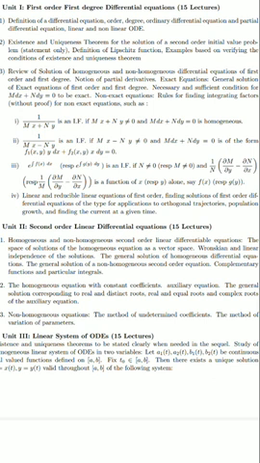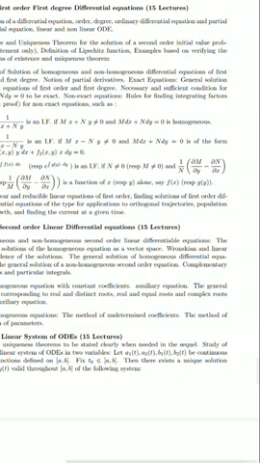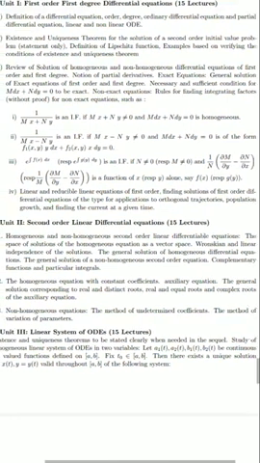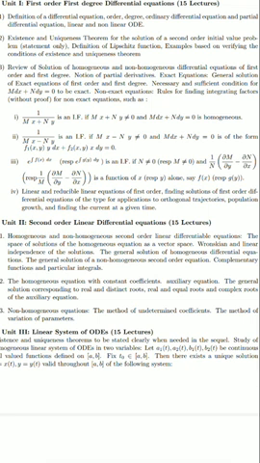Next, e raised to the power integration of f(x) dx is the integrating factor if 1 upon N into dou M by dou y minus dou N by dou x is a function of x only.